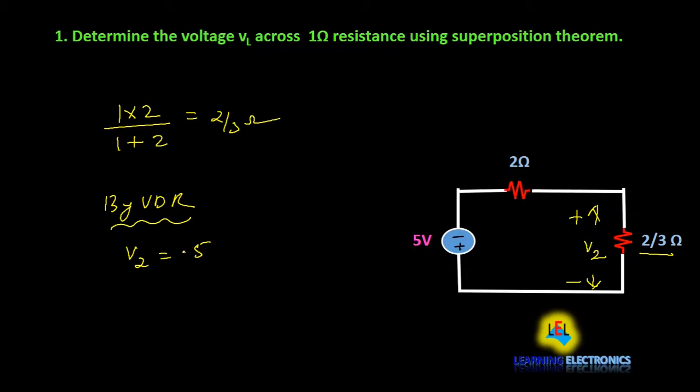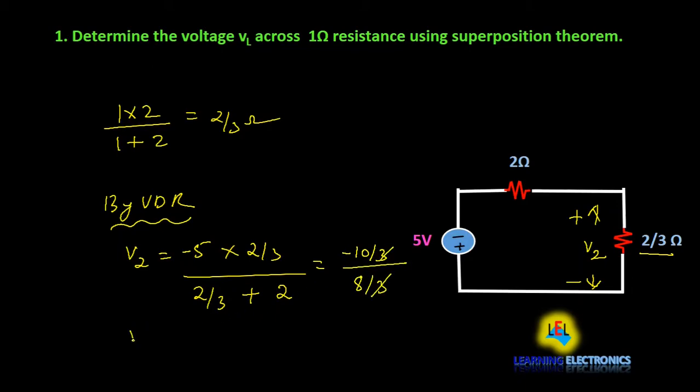So here we take minus of 5 volt into that resistance, means 2 by 3 divided by total resistance, means 2 by 3 plus 2 ohm. When we solve this, we get minus of 10 by 3 divided by 8 by 3. So V2 will be equal to minus of 5 by 4 volt we are getting. When we solve this, we get minus of 1.25 volt.